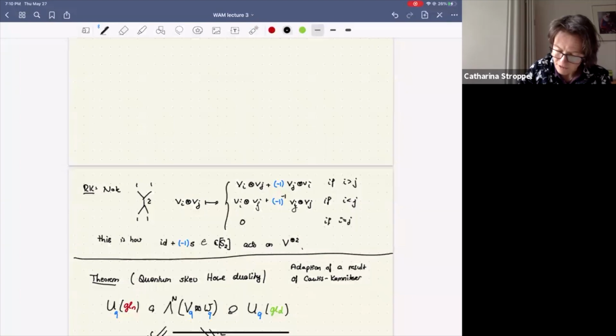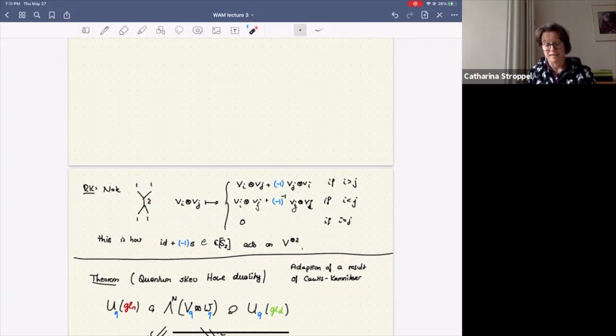Ij and here ji. So it should be the identity, that's the first summand, plus this minus sign times s. It's a swap. So I wrote the generator of the symmetric group S2 in terms of these webs. And that's something nice, because this means I can explain things which we had in the Schur-Weyl duality, namely the symmetric group acting on this V tensor 2, in terms of webs.